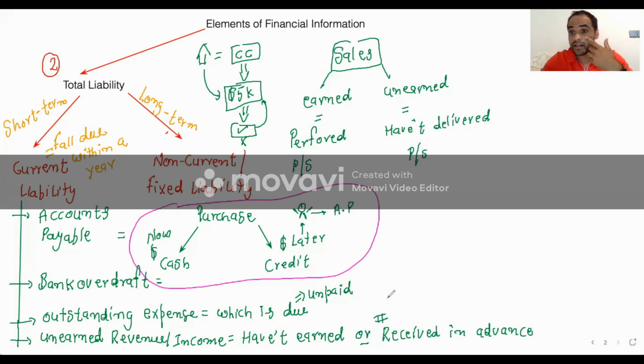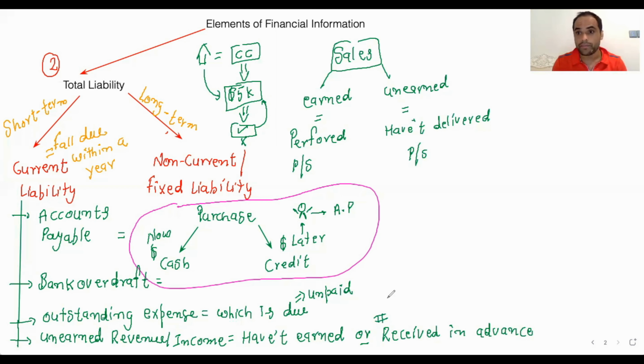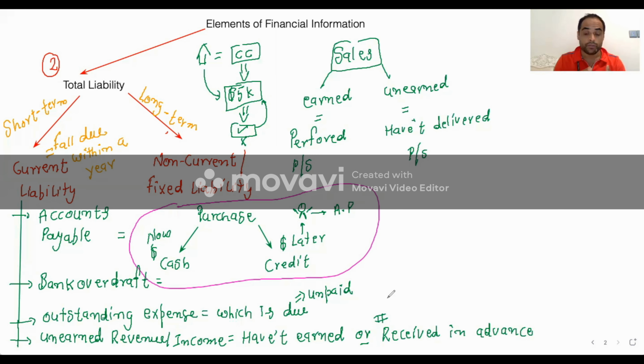You haven't earned it. You just received money. You haven't delivered your product. You haven't provided any services to the customer, but you already got money, right? You perform the service later. So now this is your obligation to give the product or service to the customer.